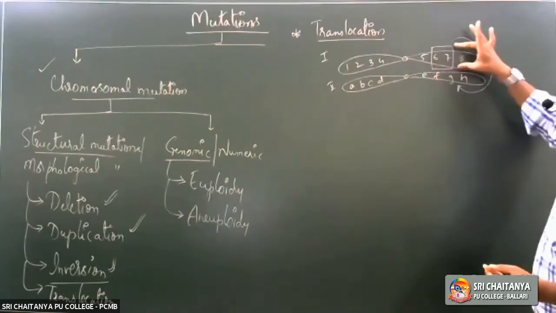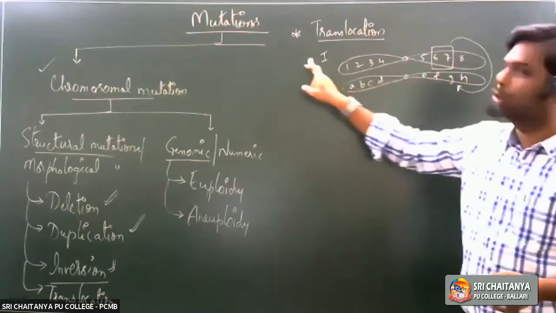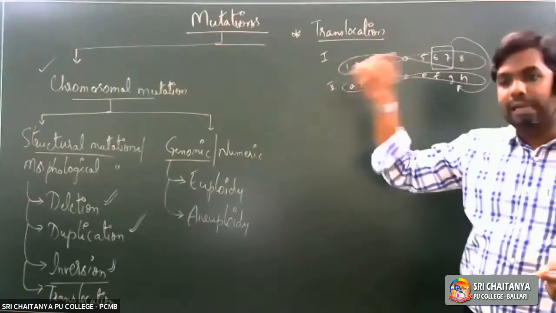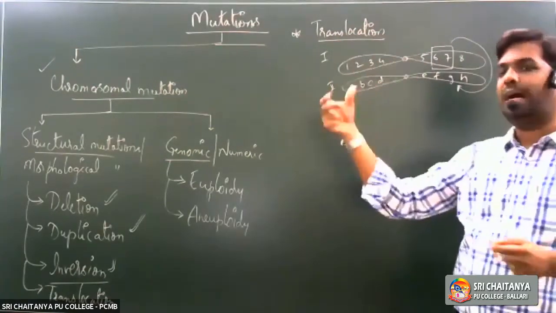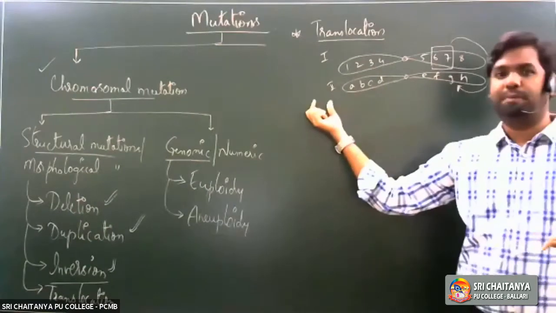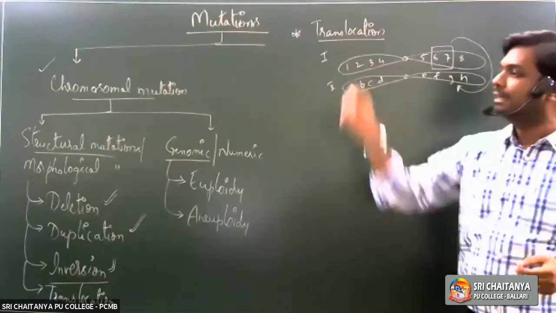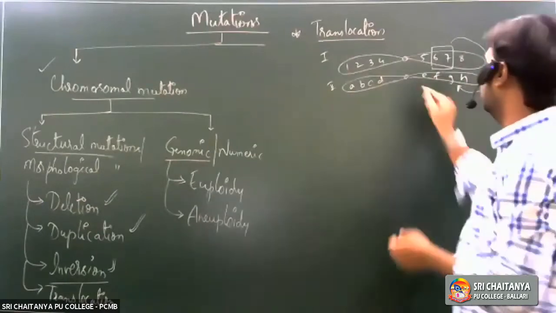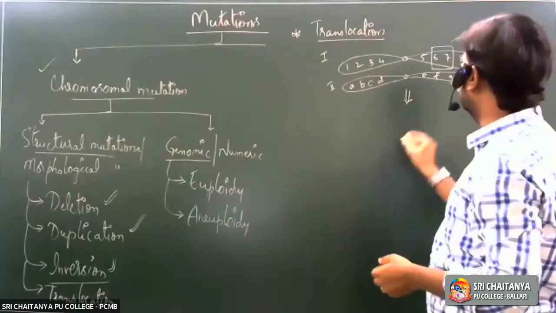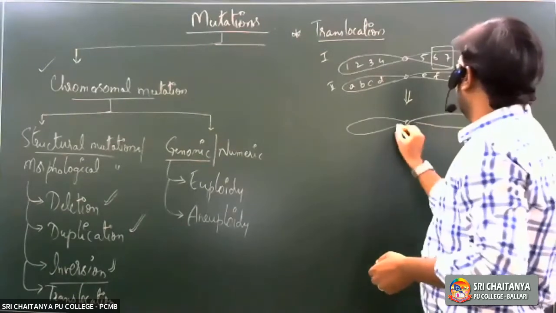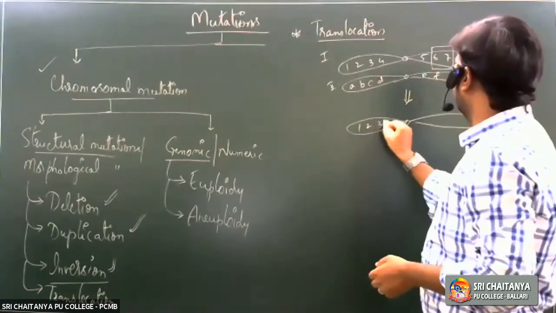The deleted part would come and join chromosome number 2. So this type of mutation we would start calling a translocation type of mutation. So what would be the condition here now because of this translocation? This would be as usual 1, 2, 3, 4.